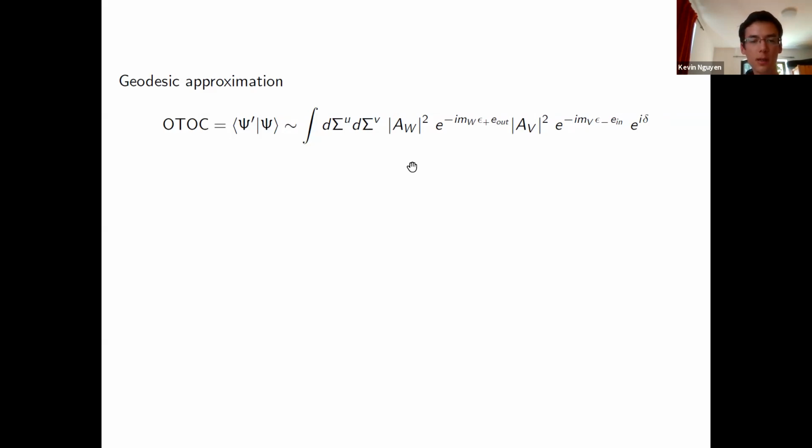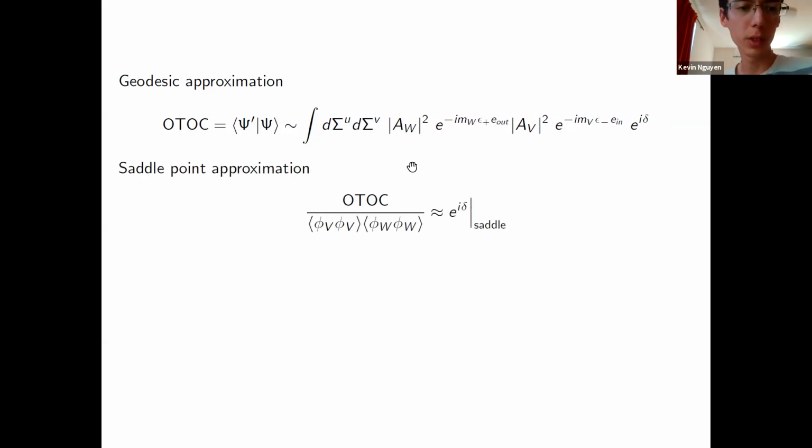Okay, so this is still too difficult for us. So we'll do it by saddle point approximation. So that means that you have to find the one pair of ingoing and outgoing geodesics in the bulk which extremize those phase factors. And once you've done that, then the OTOC basically simplifies to this eikonal phase factor evaluated for this dominating pair of geodesics.